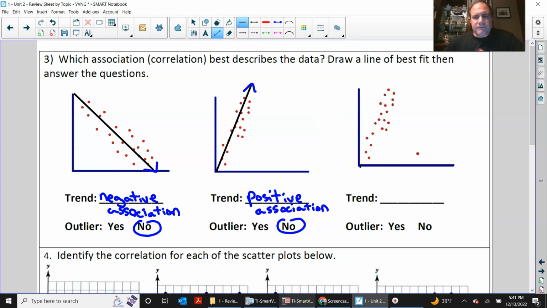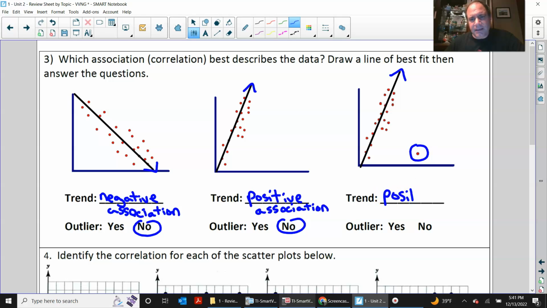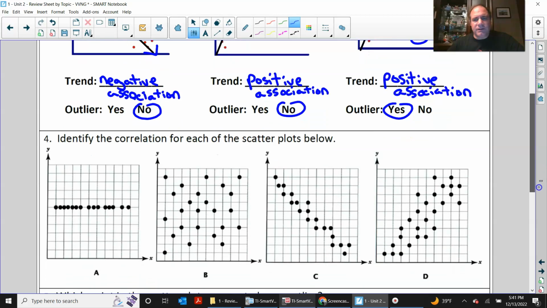I'm going to draw this one right here. It doesn't have an outlier, so that's a positive association. Does it have an outlier? Yes, it does. That is it, and let's move on.